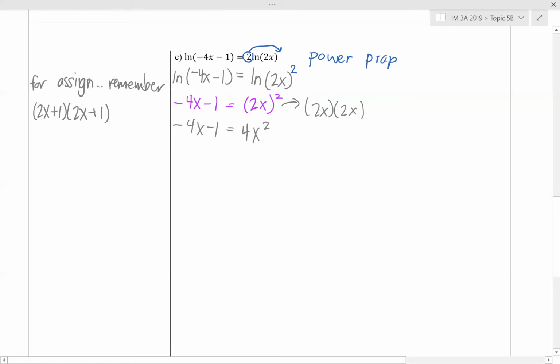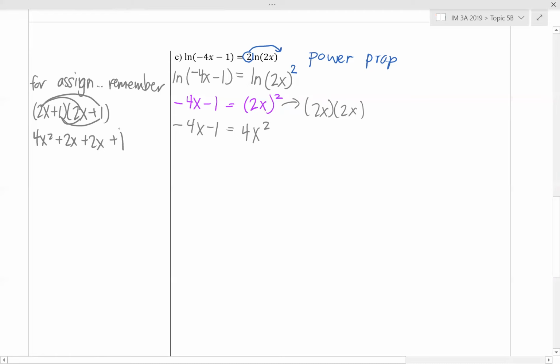So I would have to do 2x times 2x is 4x squared, 2x times 1 is 2x, 2x times 1 is 2x, 1 times 1 is 1. So remember that you will have to do that on at least one of the assignment problems. Just a reminder that when I'm squaring, I want to write it as whatever's inside the parentheses times itself, and then I might have to double distribute there.